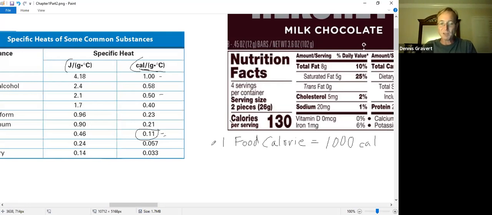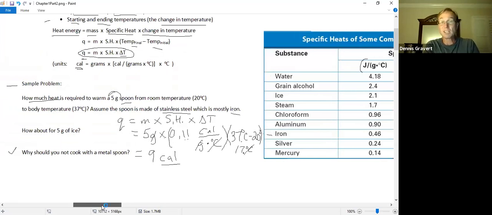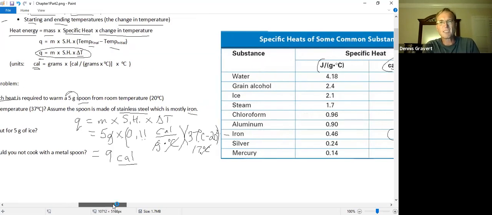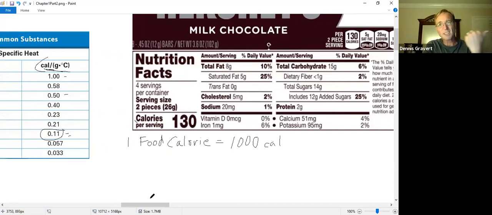So scientifically, we're going to do all these calculations for changing the temperature and measuring the amount of heat energy in units of calories. I just wanted you to be aware we're off by a factor of 1,000 between scientific calories and food calories. Why? I don't know. World's weird. No, I think there's a good reason.